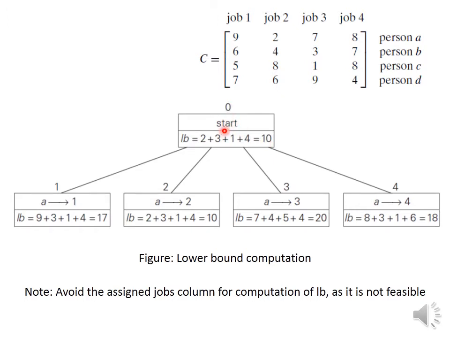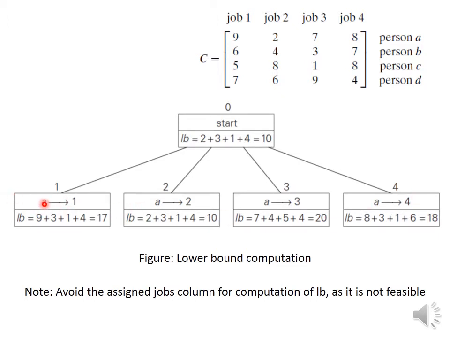Now let us go ahead with one assignment. Let us start from the first row. In the first row we have 4 possibilities. Person A can be assigned job 1 or job 2 or job 3 or job 4. These are the 4 possibilities.